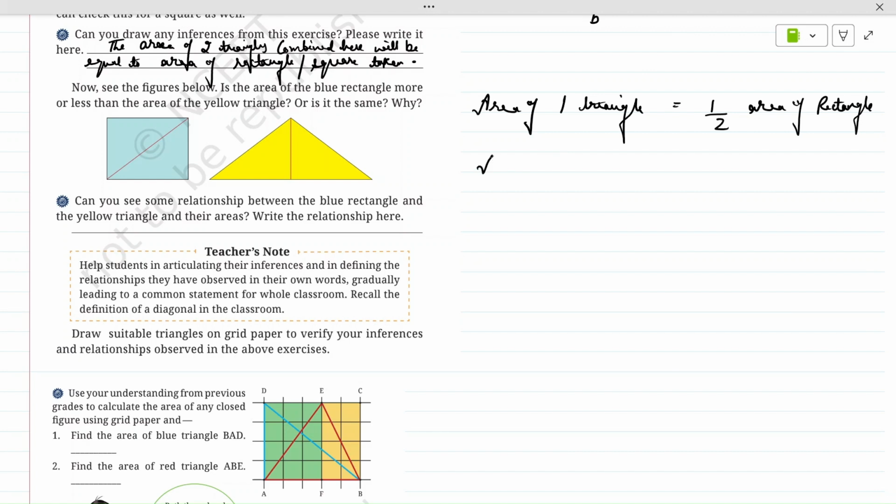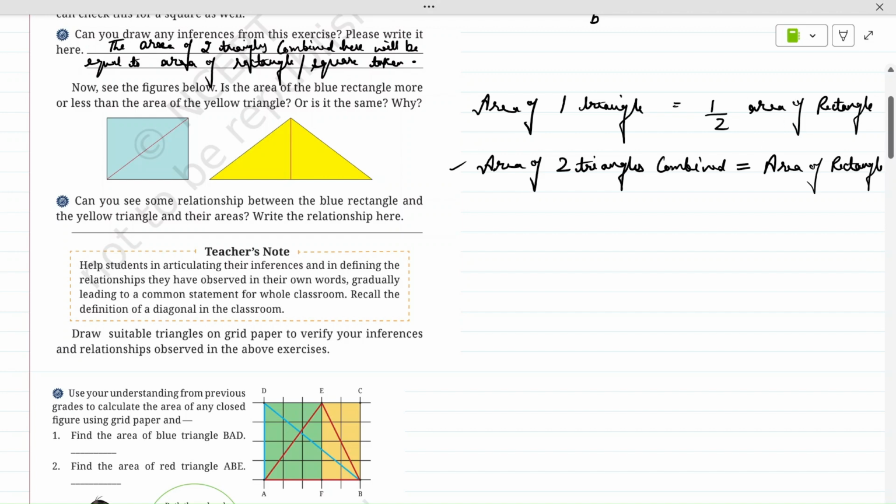And again, the area of two triangles combined will be equal to the area of the rectangle from which they have been cut. Okay, so this is the inference we get from these two shapes and this activity.